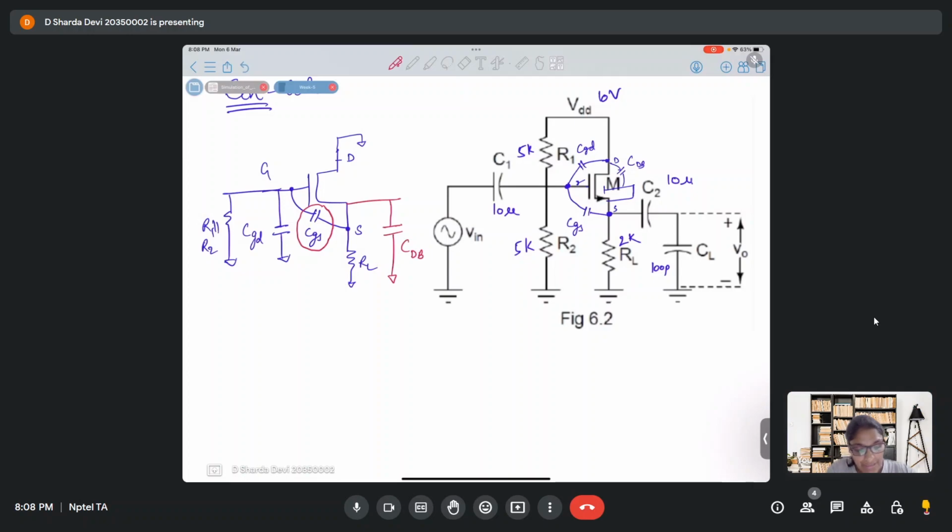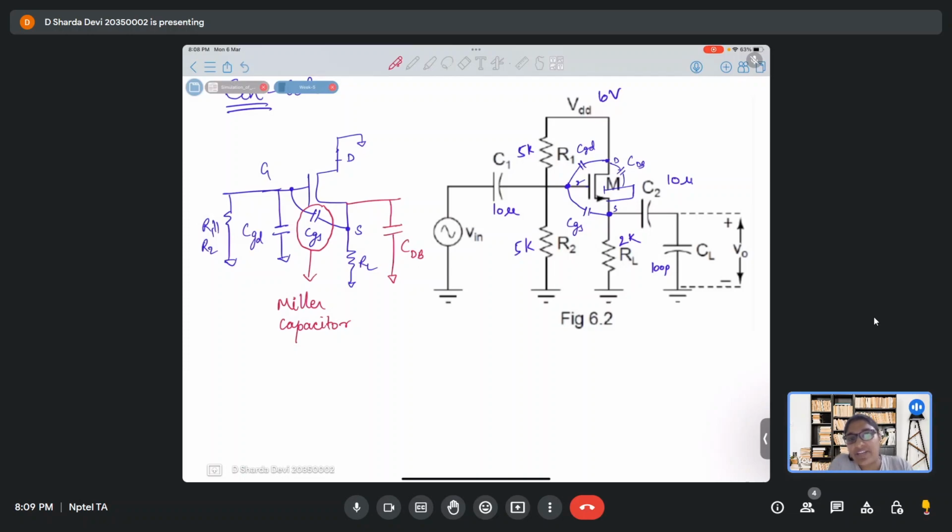Okay, yeah. So what I was saying is this capacitor which is between gate and source is the problematic capacitor, and this is also known as the Miller capacitor. Have you ever heard of this Miller capacitor? Yes, ma'am. You did, right? We have the Miller capacitor, Miller effect.